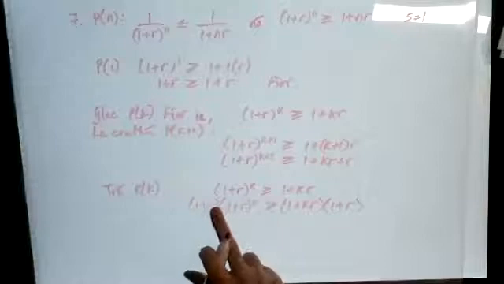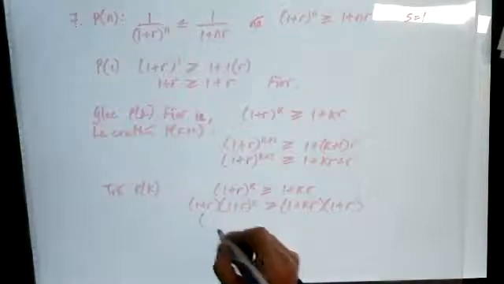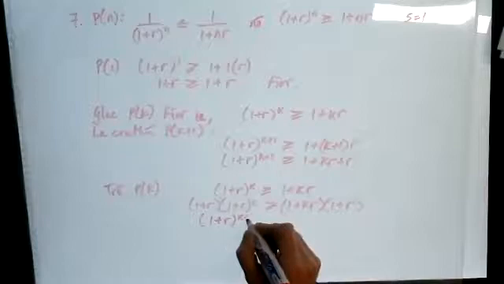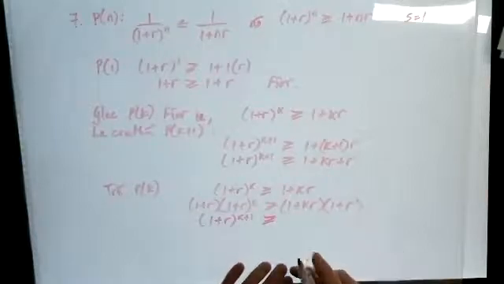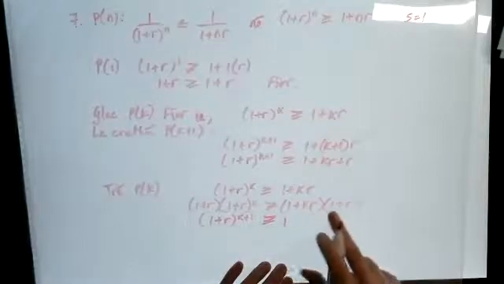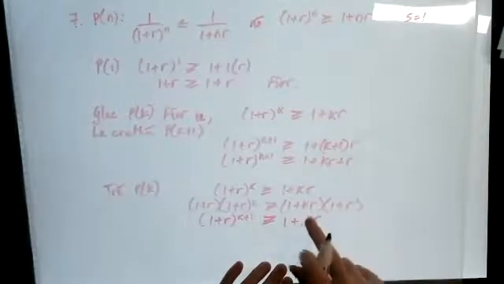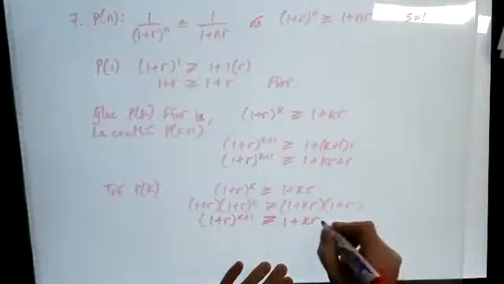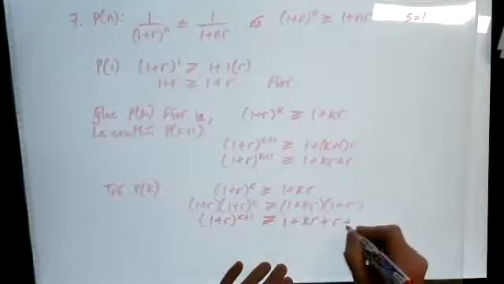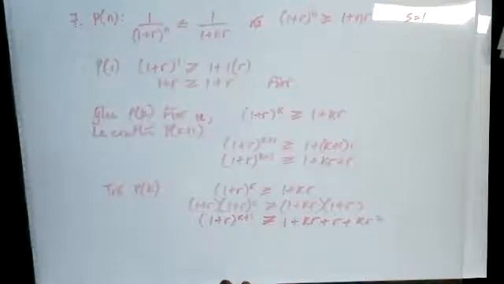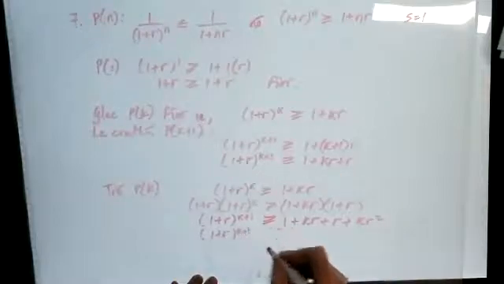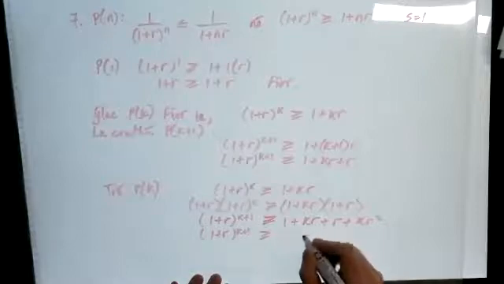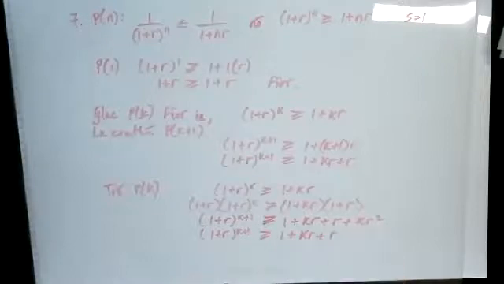So we multiply both sides by 1 plus r, greater than or equal to, and then multiply out: 1 for 1 is 1, kr for 1 is kr, 1 for r is r, and kr for r is kr squared. Now, so it is 1 plus r to the k plus 1 is greater than or equal to 1 plus kr plus r.